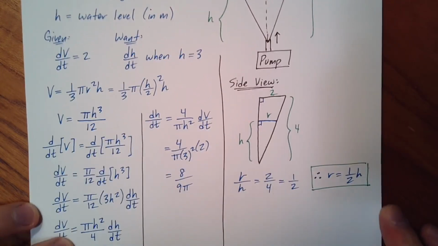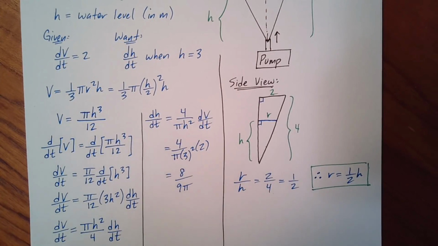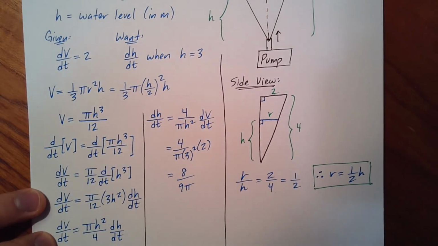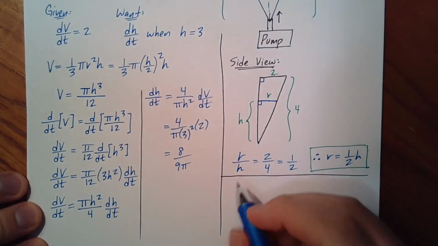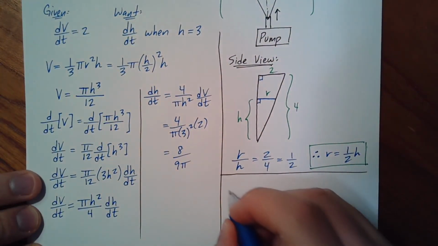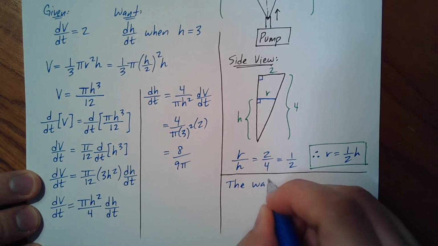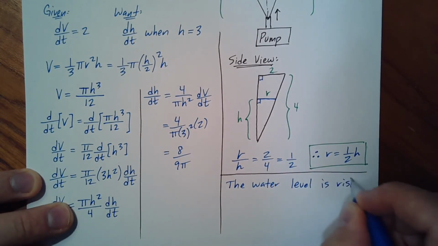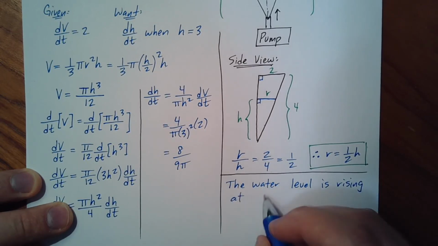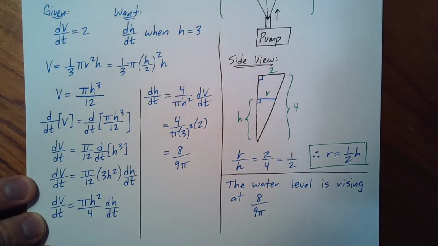So now we're done. So let's just specify our answer. I didn't leave myself very much room, but we can fit it in down here in the bottom corner. So the water level is rising at 8 over 9 pi, what was it?